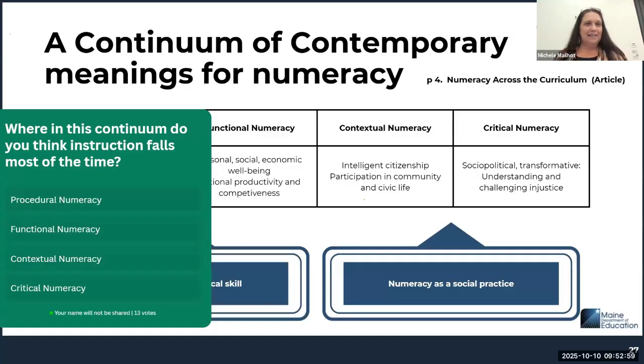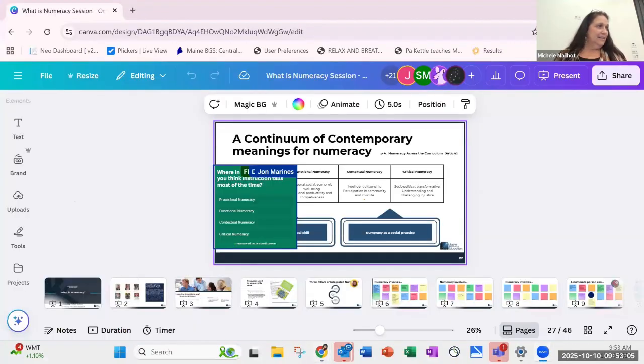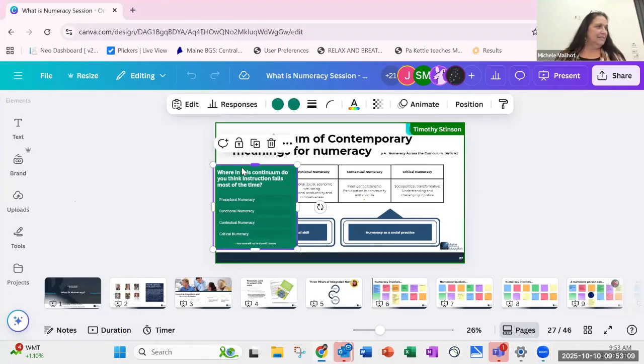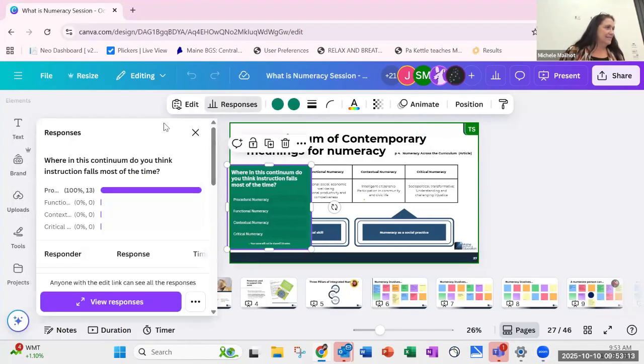So let me escape out of it, if it will let me. Okay. And now, let me see, yes, the responses. Are you seeing my screen still with the responses?